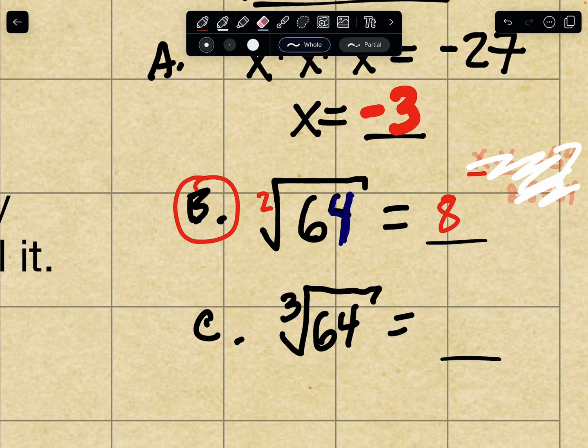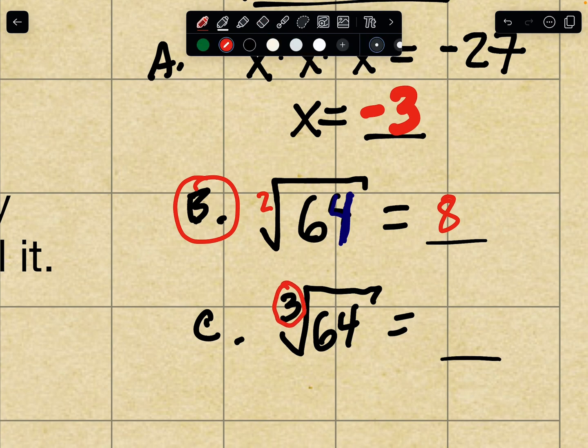Secondly, if I have to do the cube root, so if I put a 3 out in front here, again, that's asking me some number times itself 3 times. So that's kind of like the first problem that we did, except we want it to equal 64, not negative 27.